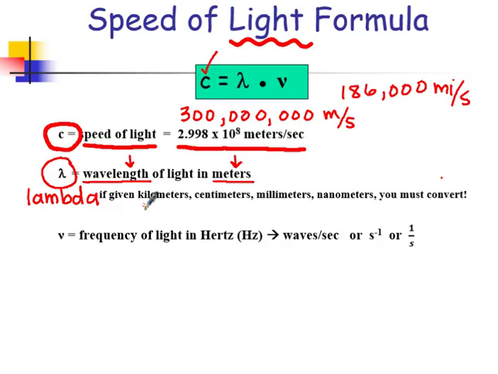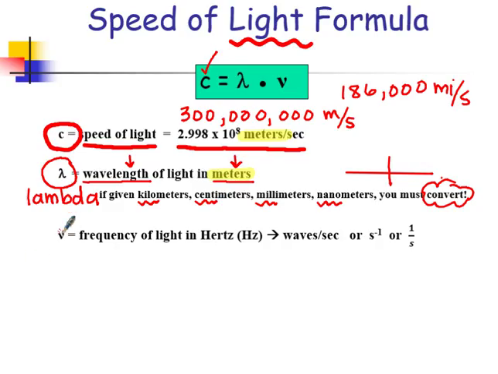If I give you something like kilometers, centimeters, millimeters, nanometers, you're going to have to convert with a quick little train track. And the reasoning for that is that this is in meters. So since this is in meters, this needs to be in meters also.